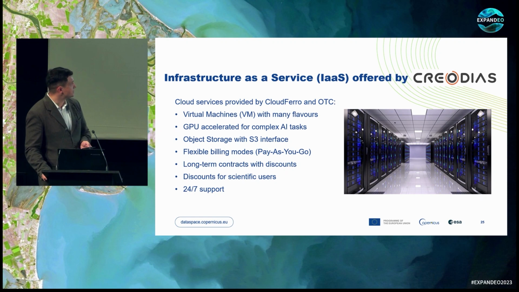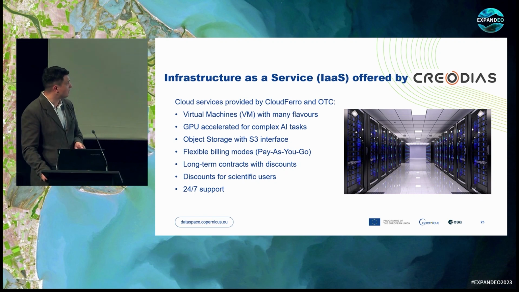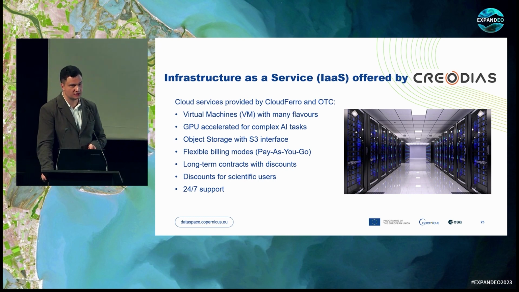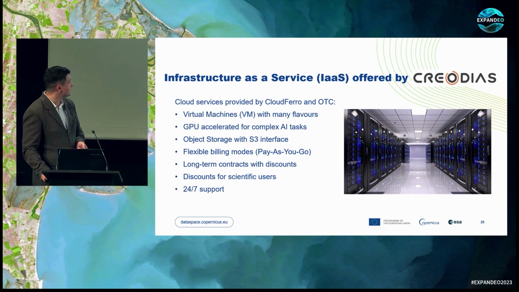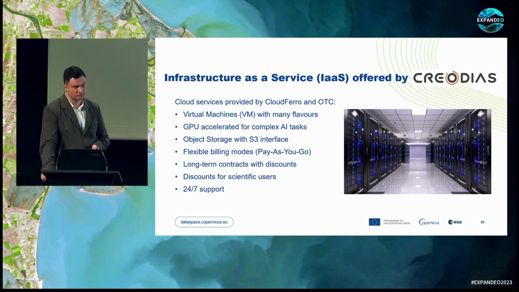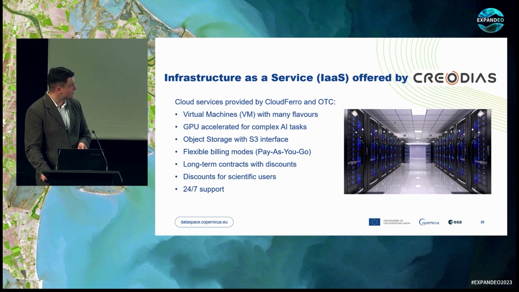So this is infrastructure as a service, so virtual machines are provided now by Cloudferro and OTC. There are many virtual machines, small, large, depending on the flavor and the workload that you would like to achieve. There is some GPU acceleration as well, so this is good for AI and modeling. You have then object storage with S3 interface.